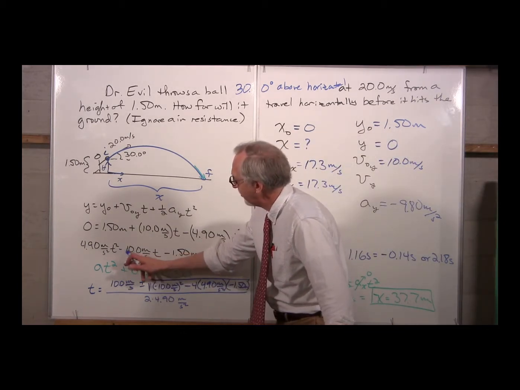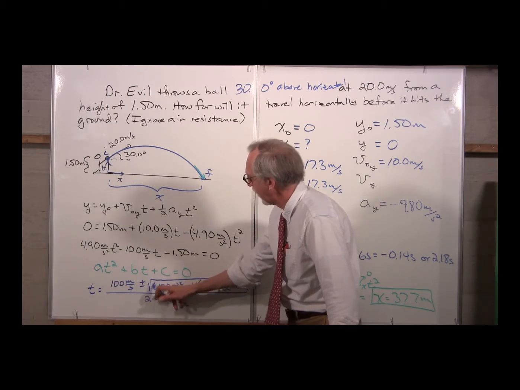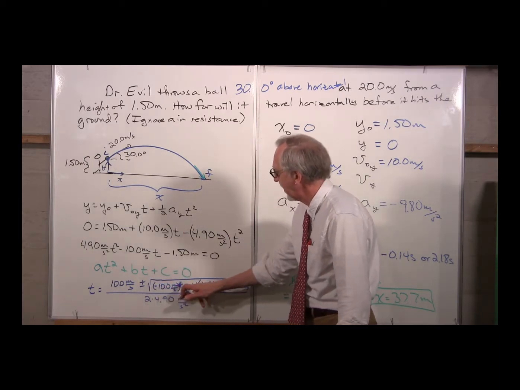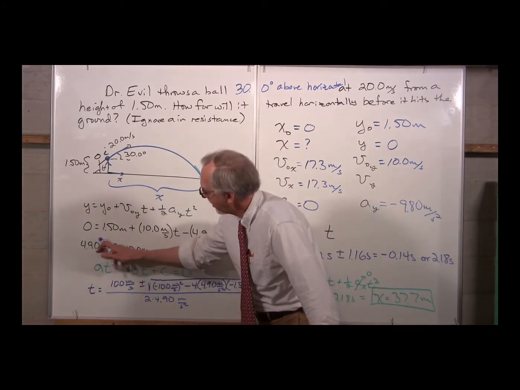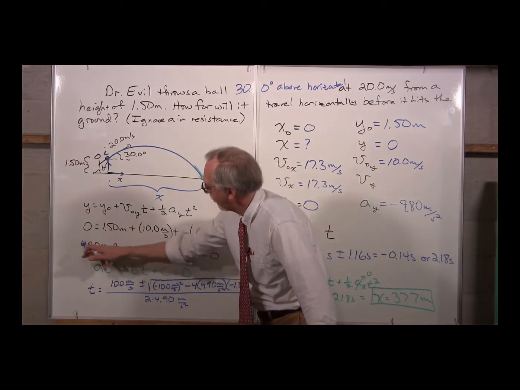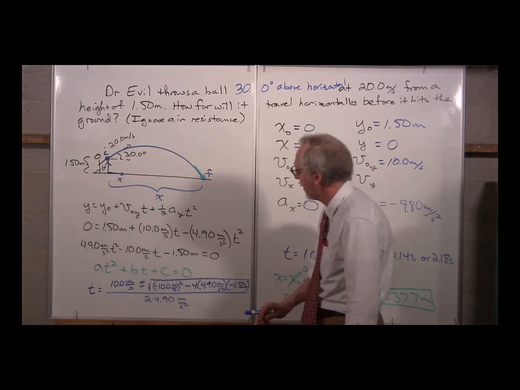Negative b, negative 10, is positive 10, plus or minus the square root of b squared, so negative 10 squared, minus 4a, the coefficient of the t squared, which is 4.9.